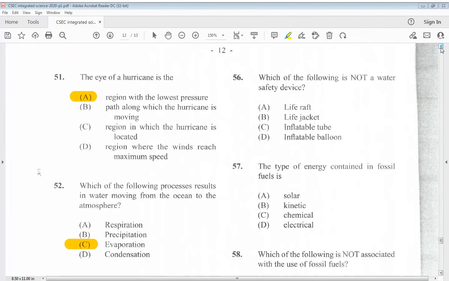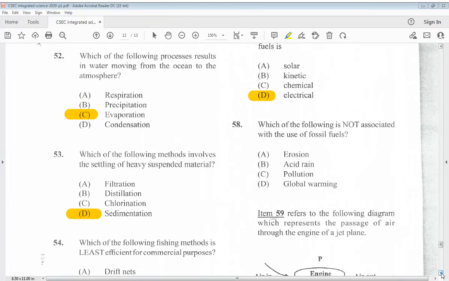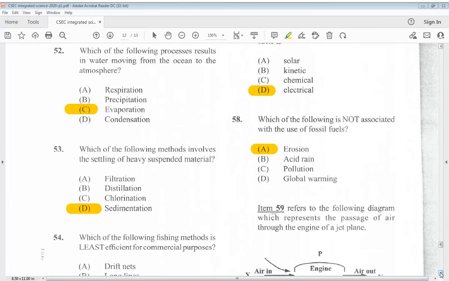So which of the following is not a water safety device? D, inflatable balloon. 57. The type of energy contained in fossil fuels is, we know that is D, electrical. 58. Which of the following is not associated with the use of fossil fuels? No, it is A, erosion.